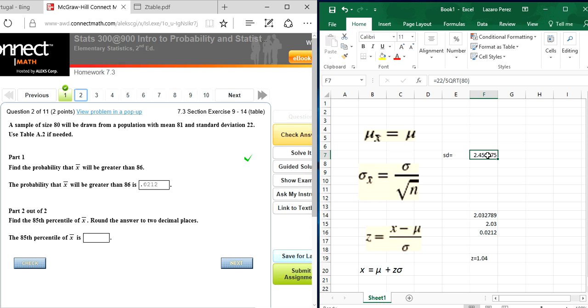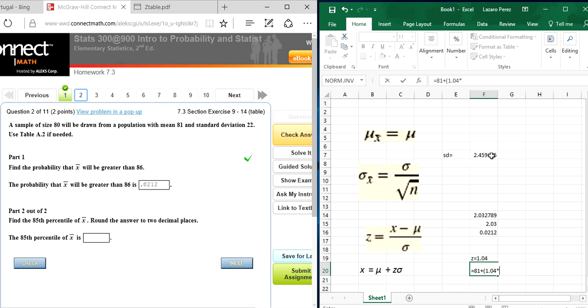Yep, perfect. Let's do that formula one more time. Equals the mean, 81, plus the z-score times our standard deviation.